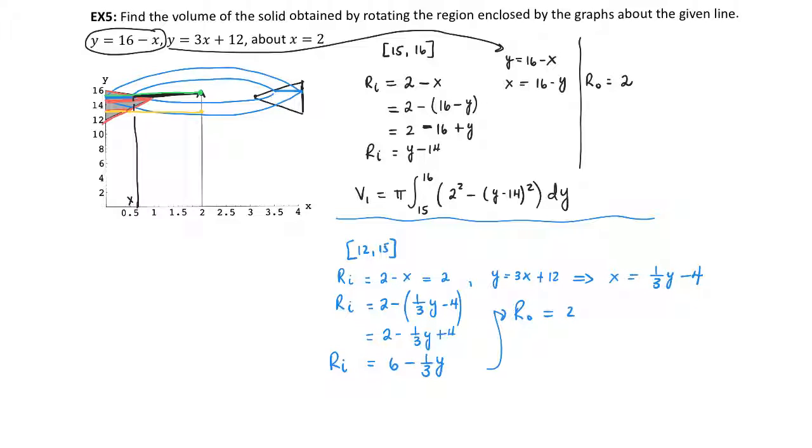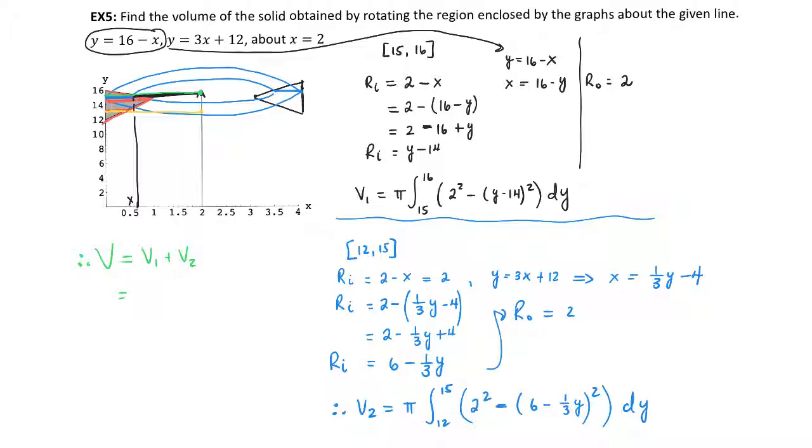So then volume sub 2, the second volume, will be pi, the integral from 12 to 15 of the outer radius, 2 squared, minus the inner radius, 6 minus 1/3 y, all of this squared, dy. So, conclusion, the total volume will be V1 plus V2.